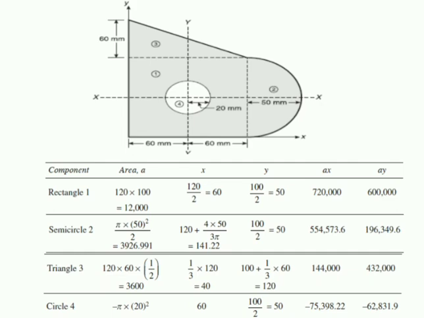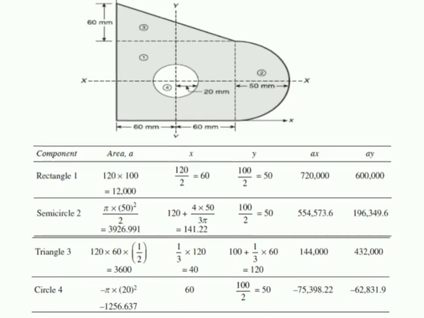So from the figure you can clearly get it, or 100 by 2 as shown. But I think what is better is directly you can take 50 because the center of the circle lies at the center of the rectangle itself, hence they have taken it as 100 by 2. Then you find a4 x4 and a4 y4, which both will carry a negative sign.